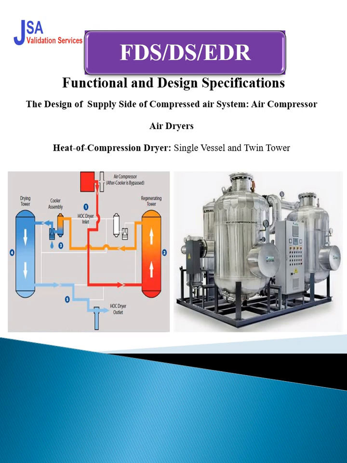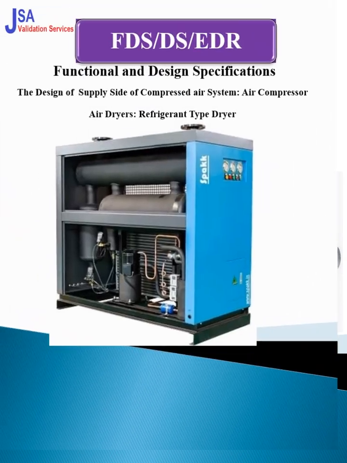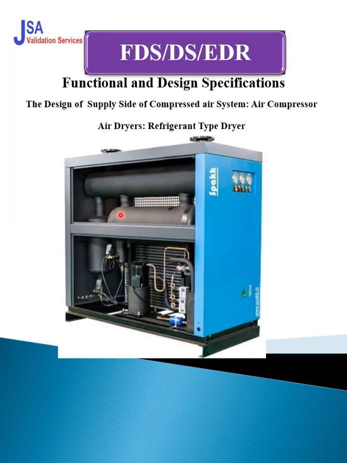So this can be used for the removal of moisture. This is the refrigerant air dryer, a type of air dryer that uses refrigerant gas. When the air comes in contact with these tubes or fins, it will condense if it has moisture.